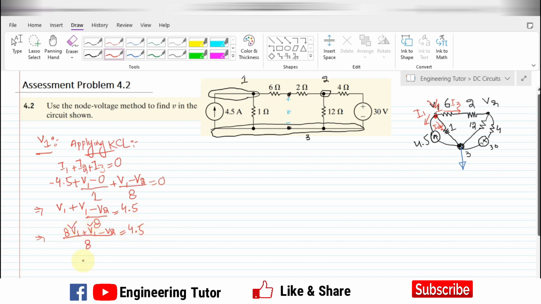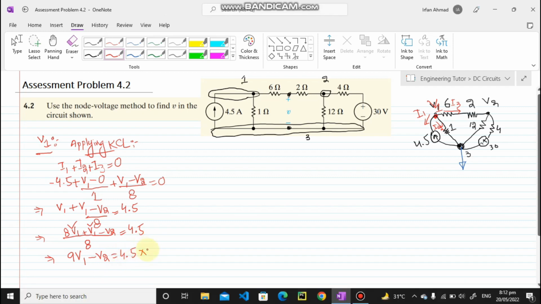Adding these two terms together, we have 9V1 minus V2 equal to 4.5 multiplied by 8, which is 36. So 9V1 minus V2 is equal to 36.